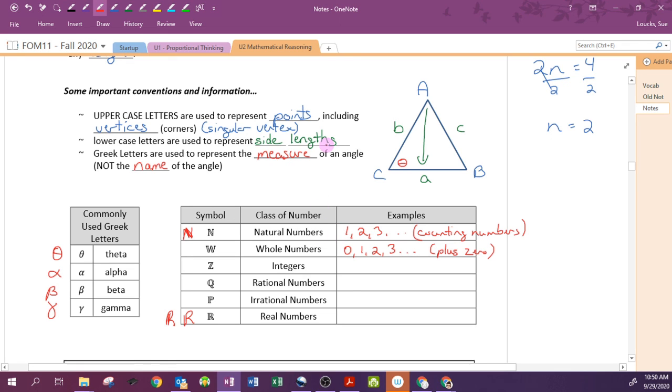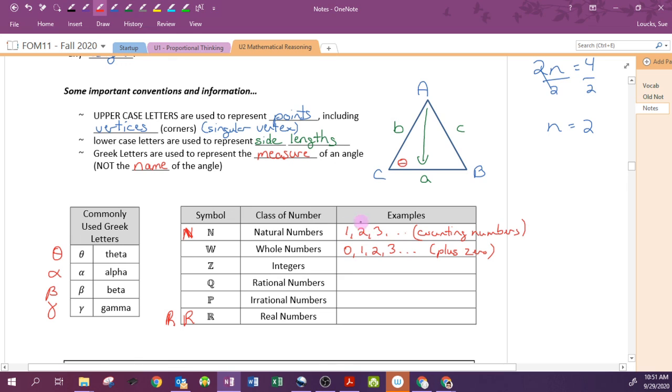One of my profs talked about the natural numbers being natural because we use them all the time. You use them when you're very young: 1 block, 2 blocks, 3 blocks. And then the whole numbers, when you add 0, now you're a whole person because you can understand the concept of 0. I remember it because the word whole has an O in the middle of it. So that's how I remember which one's which.